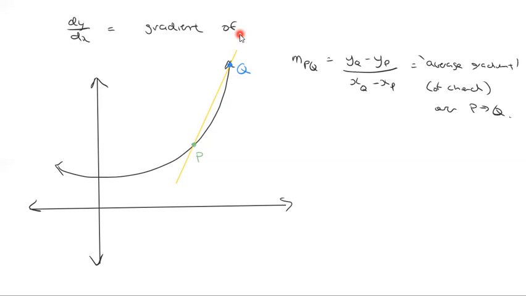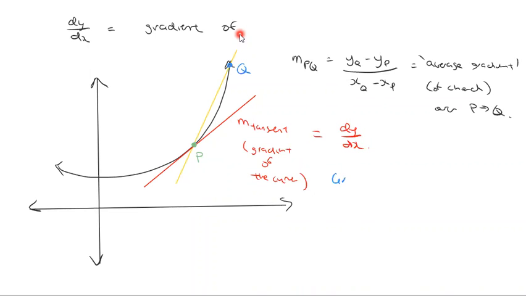But if I'm interested in the gradient of the tangent, looking something like that, close enough, then this gradient of the tangent, sometimes called the gradient of the curve, would be represented by dy/dx. And that's the key idea here.